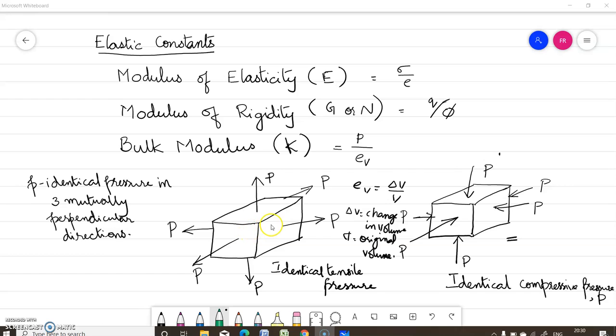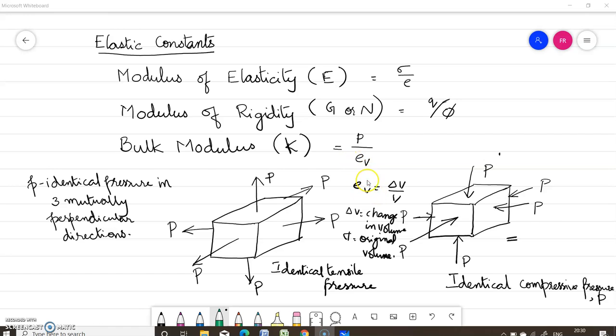So the ratio of change in volume to original volume is defined as volume strain or volumetric strain. So the bulk modulus K can be written as K is equal to identical pressure in three mutually perpendicular directions divided by volumetric strain.